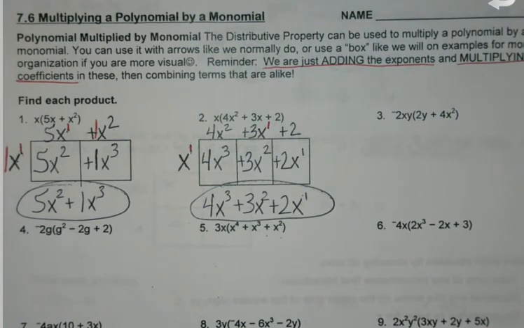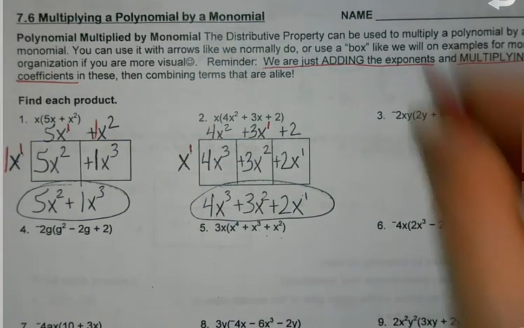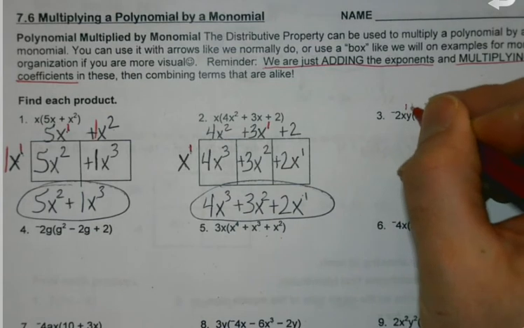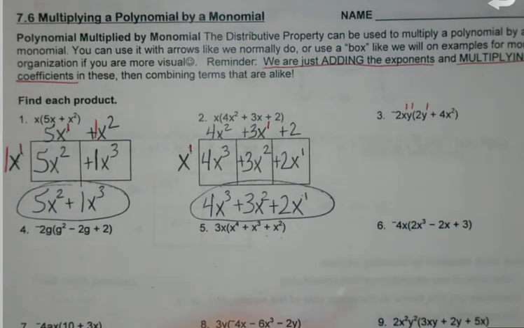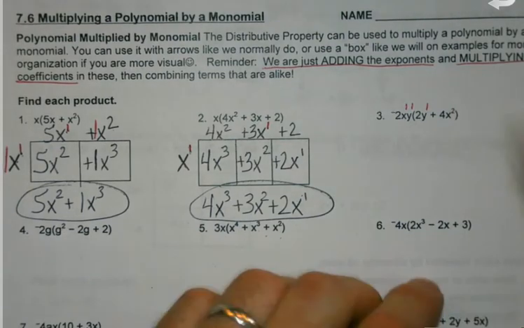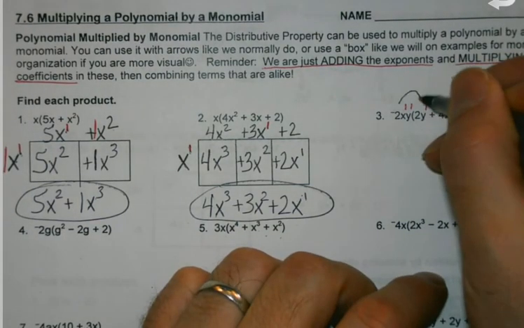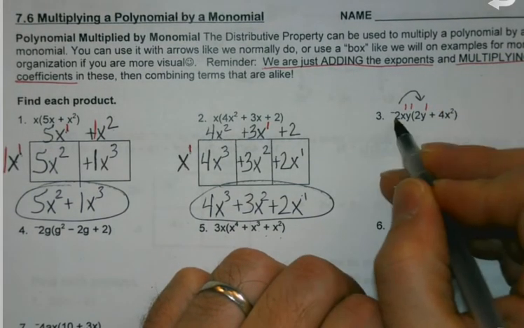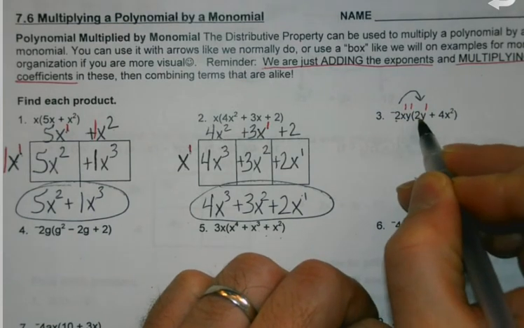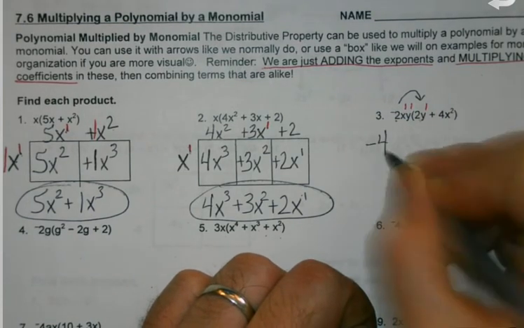Now again, box is cool. If some of you are like, I like just doing the arrow thing instead, okay, we can try that too, because they both work. So if I do that here, okay, what's negative 2 times positive 2? Negative 4.